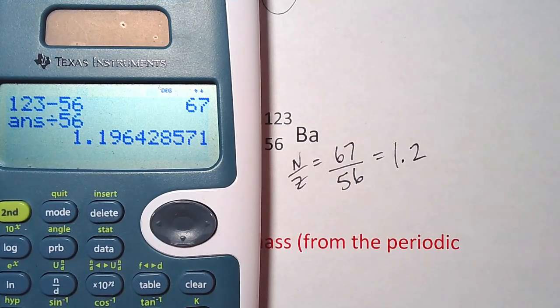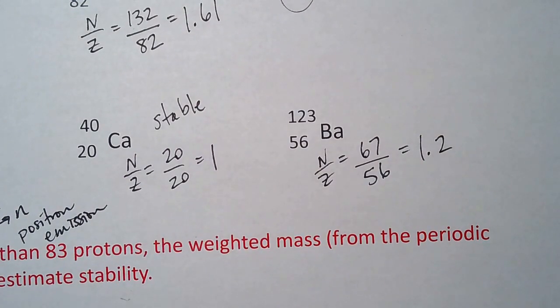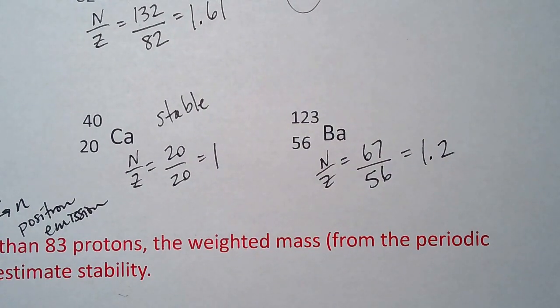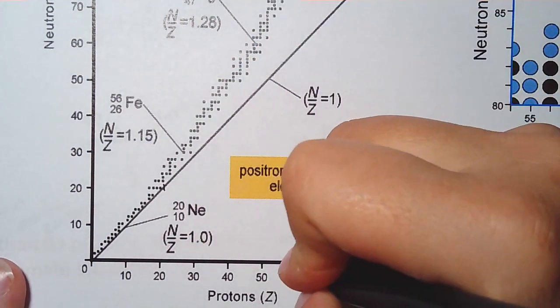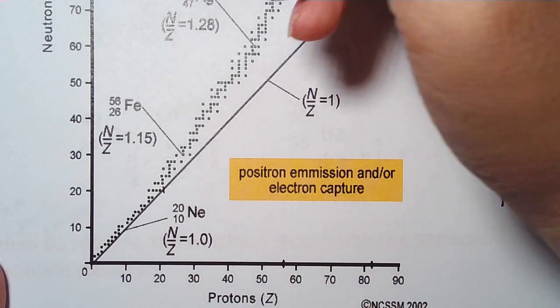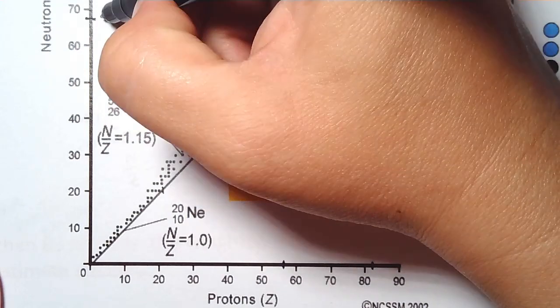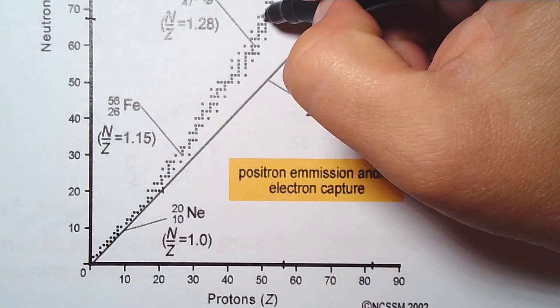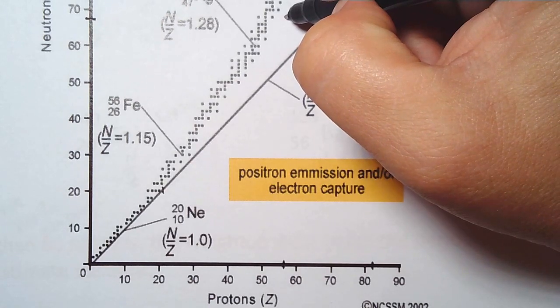So is that a good ratio for barium? So let's look at our graph again. So 56 protons, it's us here, 67 neutrons, puts us right up here at the top, and so we're somewhere here, it looks like, with our ratio of 1.2.